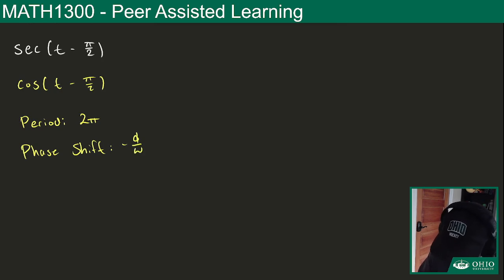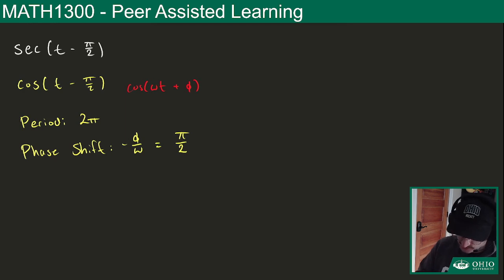And just a reminder, we're looking at cosine of omega t plus phi. So this is going to be positive pi over 2 divided by omega, which is 1. So the phase shift should just be pi over 2. Amplitude and baseline, there's none in this case, but those are pretty easy to take care of.